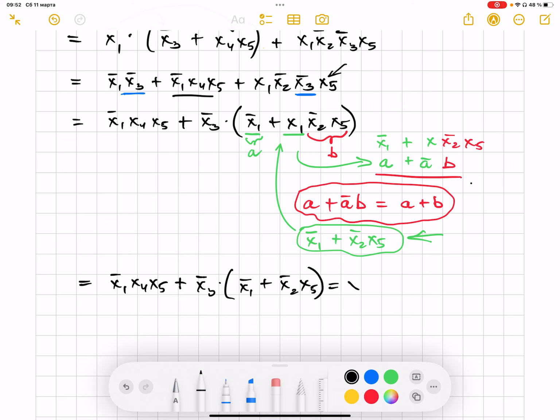So what we have left is x1 bar x3 bar plus x2 bar x3 bar x5, and plus x1 bar x4 x5. Yeah, this is our answer. So this is a minimum sum of the products.